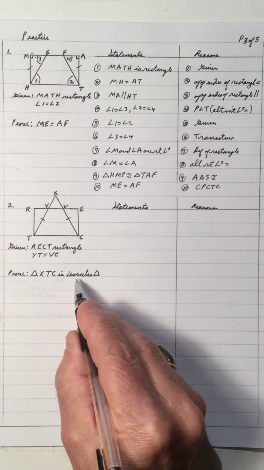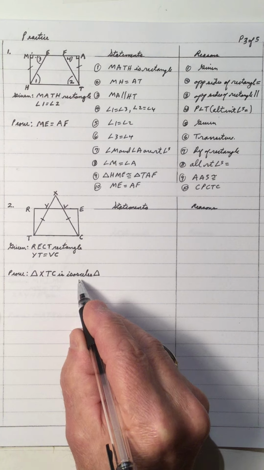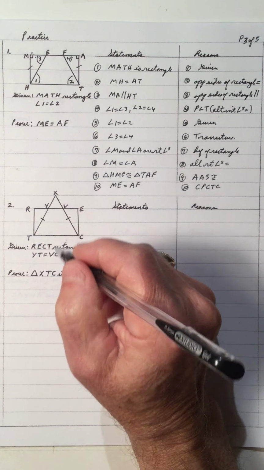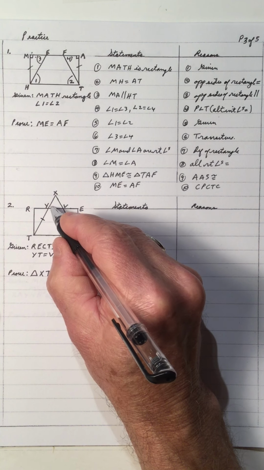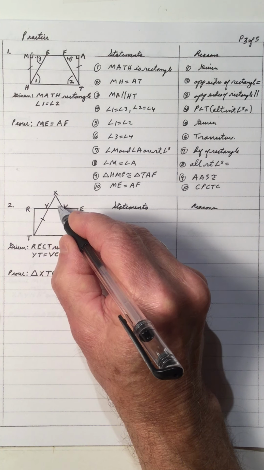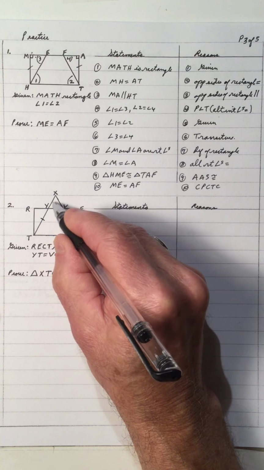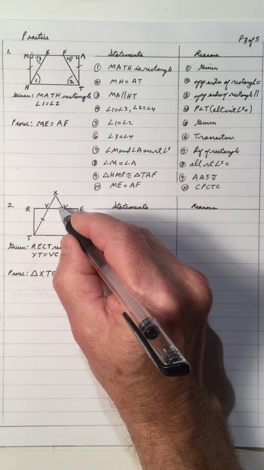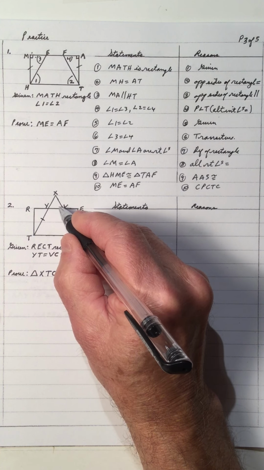An isosceles triangle has two sides equal. So how am I going to get these two sides equal? Well, if I can get these two angles equal right here, then the sides would be equal by the converse of ITT.